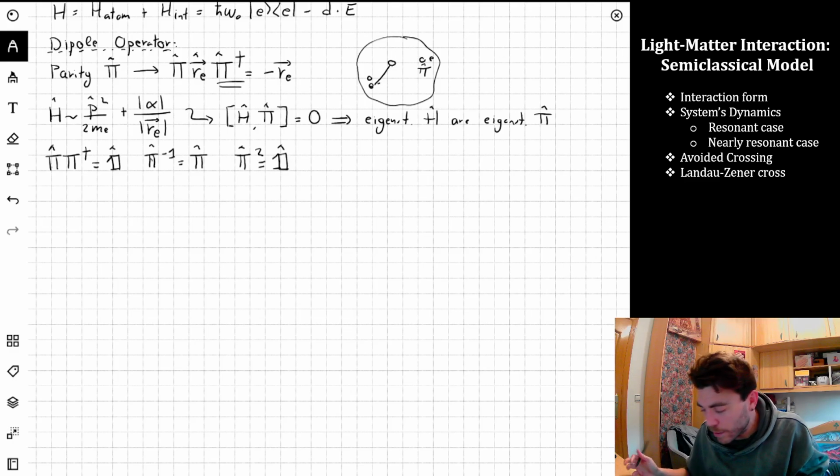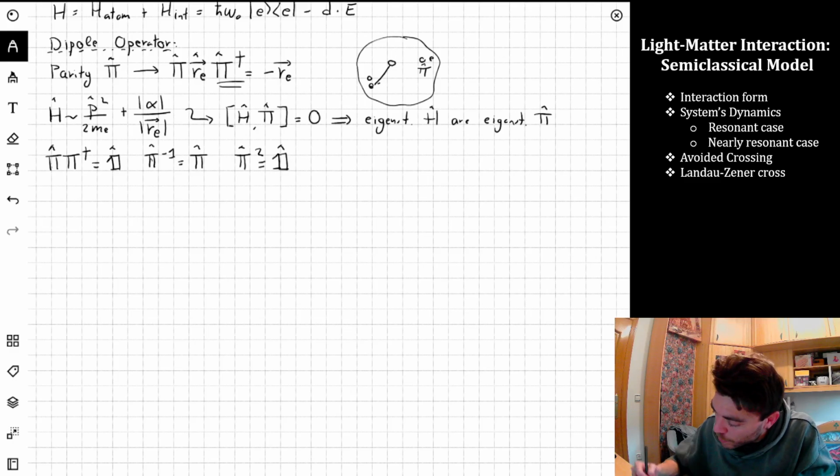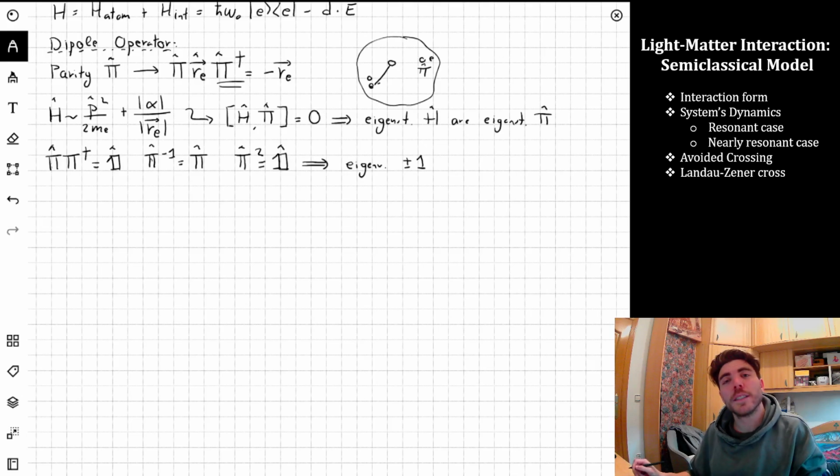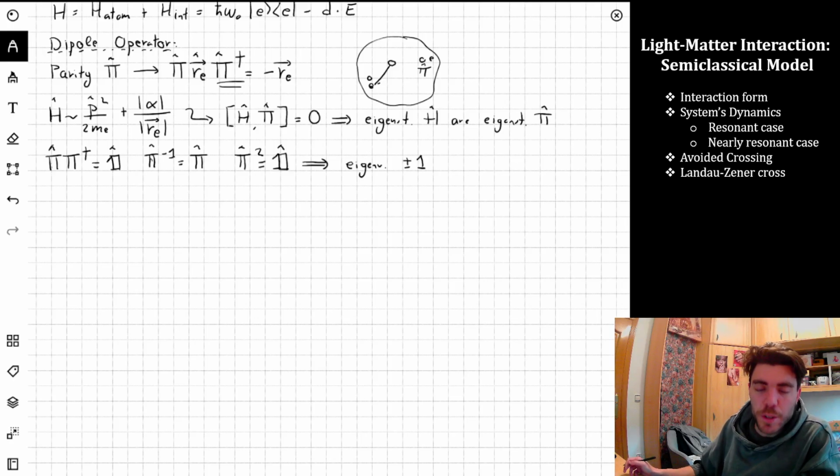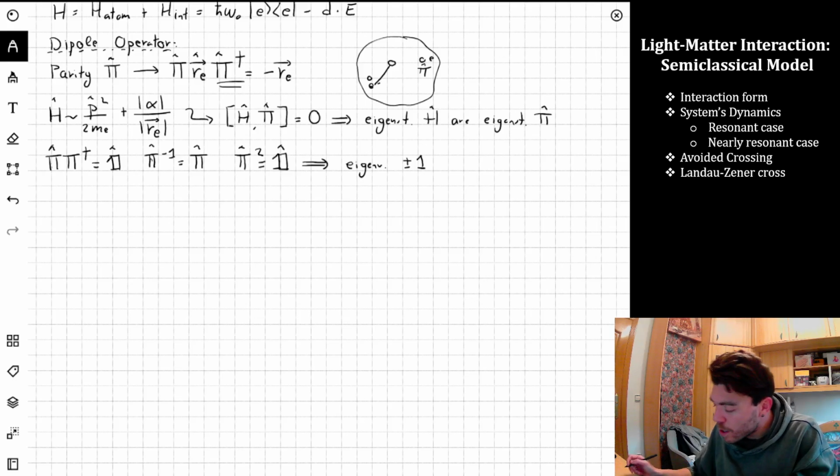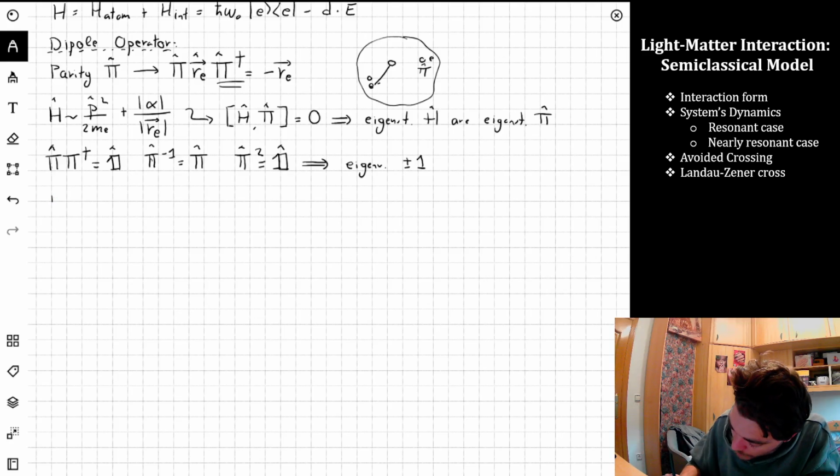This is very important because you can show that an operator with these characteristics has eigenvalues that are plus or minus 1 only, like the Pauli matrices in a 2D Hilbert space, for example. Because of symmetry reasons, I think that group theory can also show this kind of relationship very easily. But let's examine the consequences of what we just said.